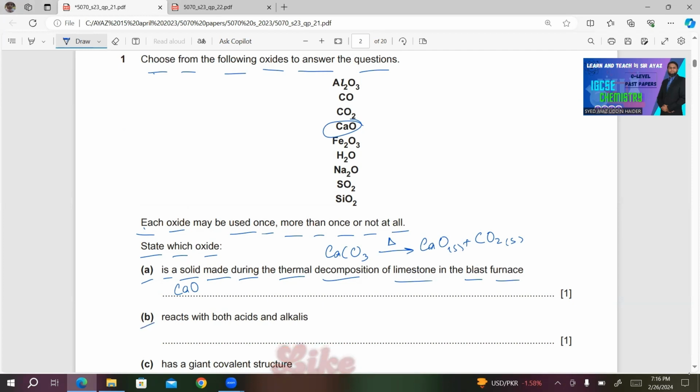Part B. State which oxide reacts with both acids and alkalis. They are talking about amphoteric oxide. So if you look at the choices, one of the oxides is amphoteric and that is Al2O3.